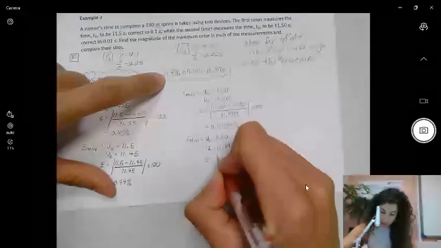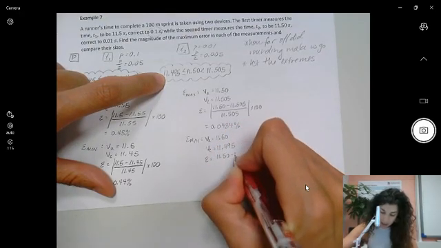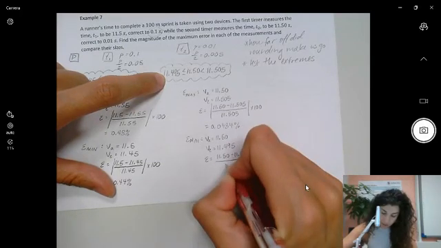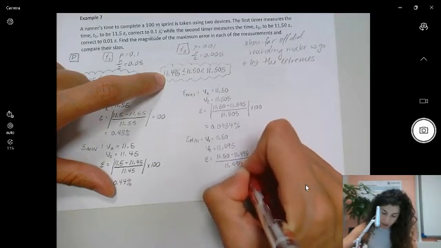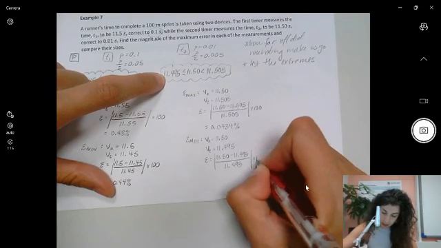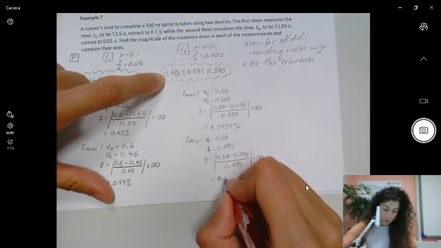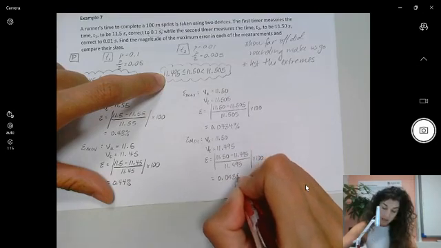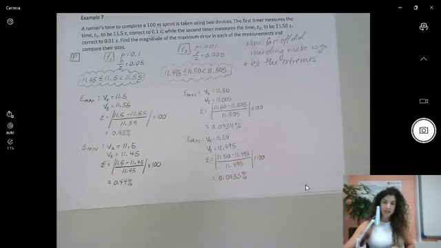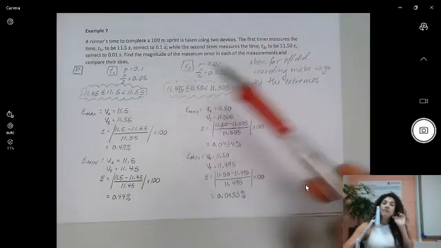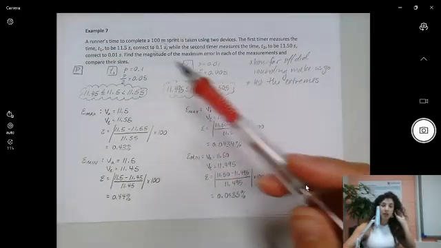To calculate the error, approximate minus exact, all over exact, absolute value times 100 equals, and we get 0.0435%. Okay. So we have calculated the percent error on the maximum error that could occur.